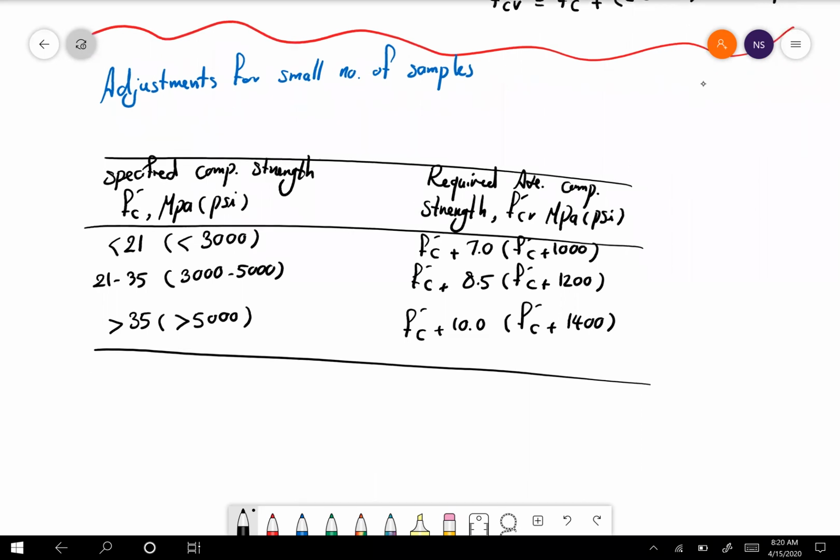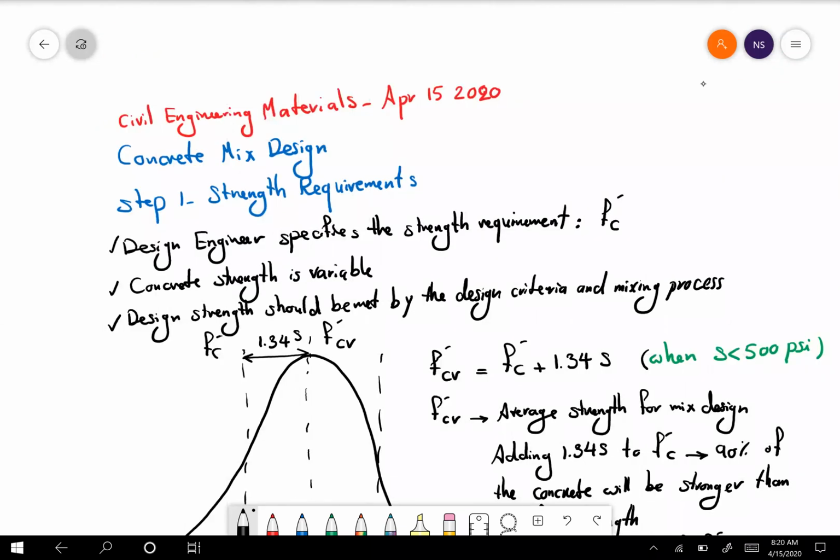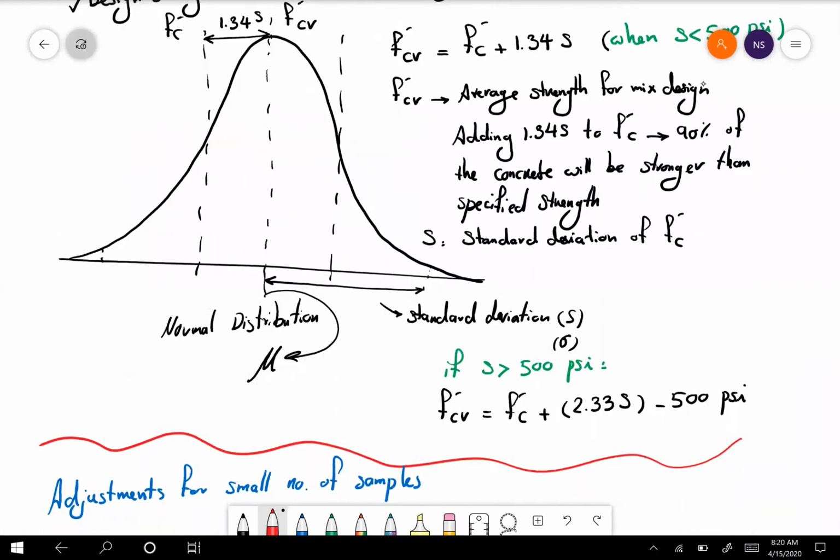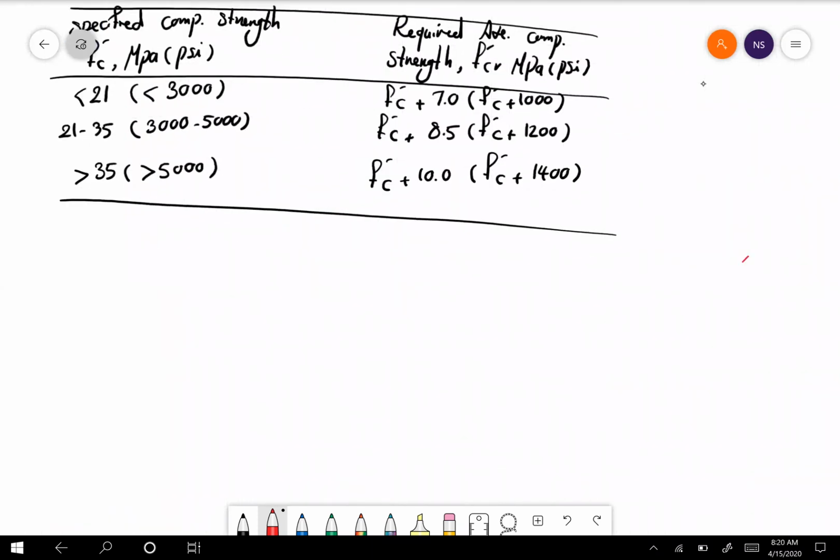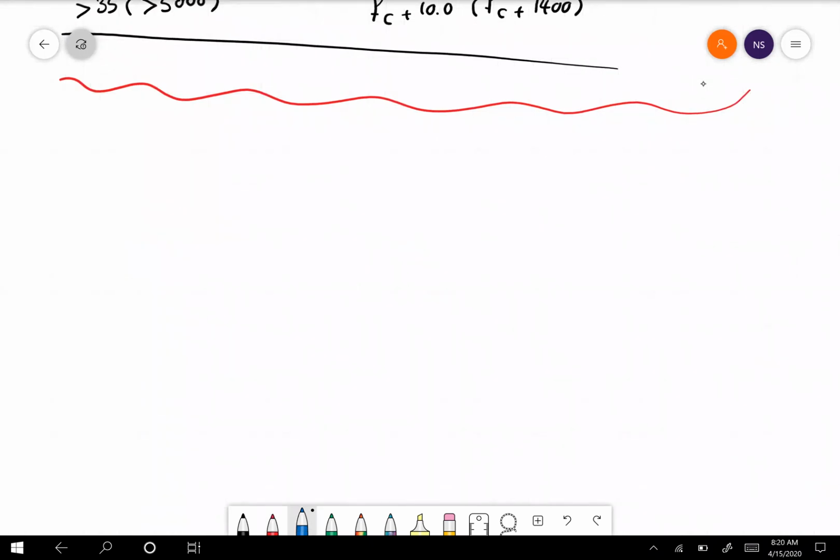So that was step one. If you go back here, that was step one, the strength requirement. Okay, let's go to step two then.